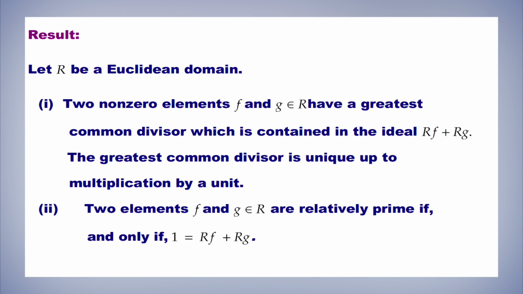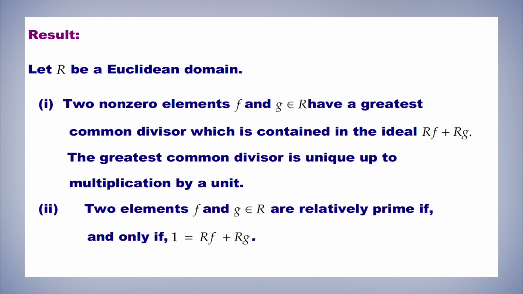The result says that let R be a Euclidean domain. Number 1, two non-zero elements F and G belonging to R have a greatest common divisor which is contained in the ideal RF plus RG. The greatest common divisor is unique up to multiplication by a unit.